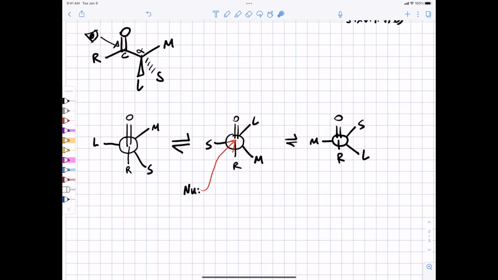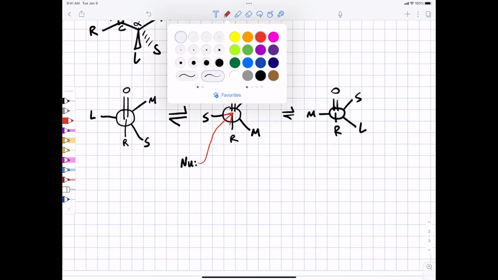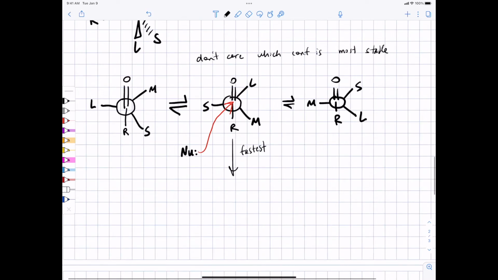The Curtin-Hammett principle here says this is the one that's going to lead to the major product, because this is the attack that is the fastest. So we don't care which conformation is most stable. It's not going to affect the product ratio that much.